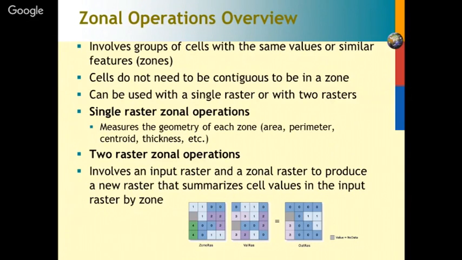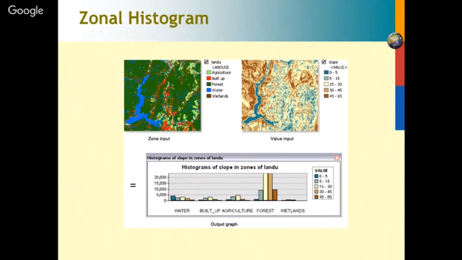There may be other cases where multiple rasters can interact with each other. Two different data sets of the same zones can interact and produce a new summarized output. That's how the zonal operation can be performed in the raster domain. There are other operations.